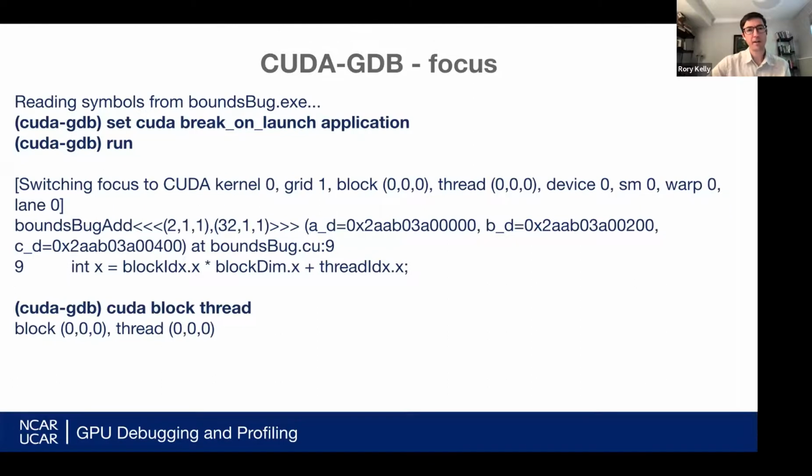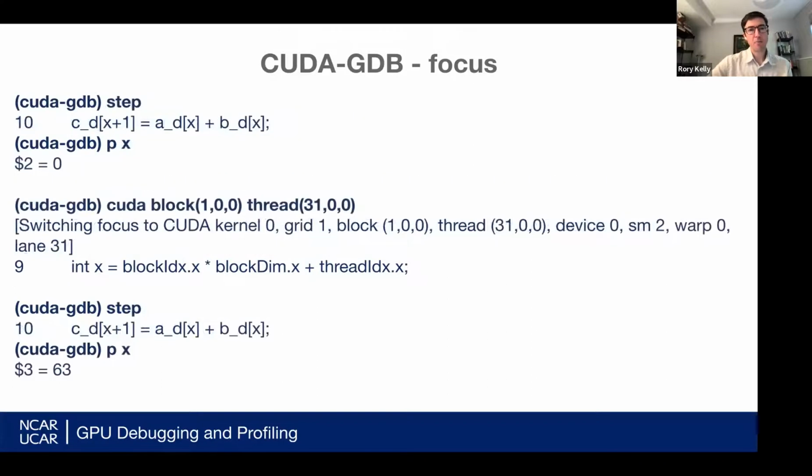So if I step the program once, now I will have gone through line 9, so x should be set now, and I'm paused on line 10. Now I should be able to print the value of x. I can say p x, p is for print, and it says my index value for block 0, thread 0 is 0, just like we would expect.